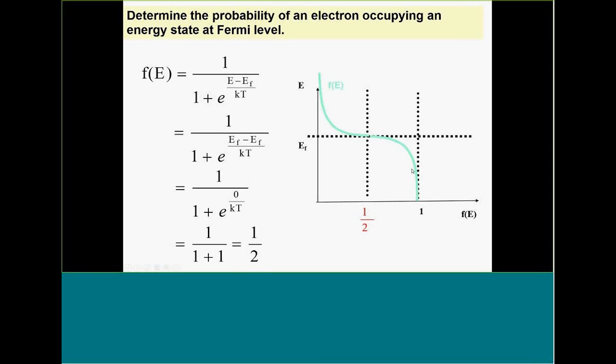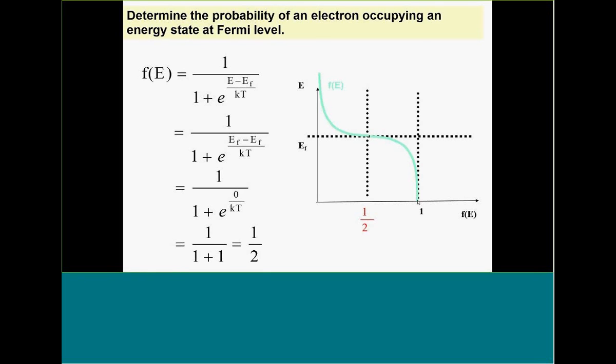And when E is, let's say, 0 over here, the probability of an electron occupying a very, very low energy level is 1, because all the electrons are still there.